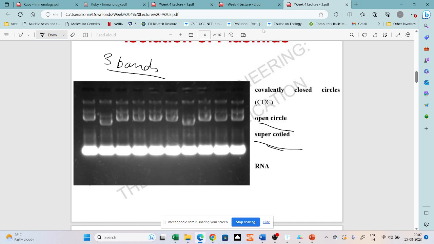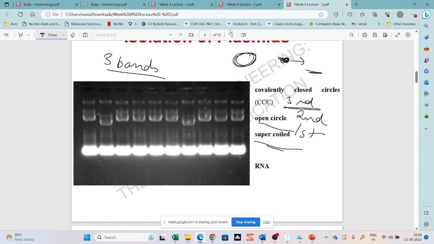Because if it is supercoiled, it is able to move faster. When it is linear or nicked, it would have a lesser speed. When it is a covalently closed circle, it would migrate with the least speed. So first elution would be supercoiled, second would be open circle, and third would be covalently closed.